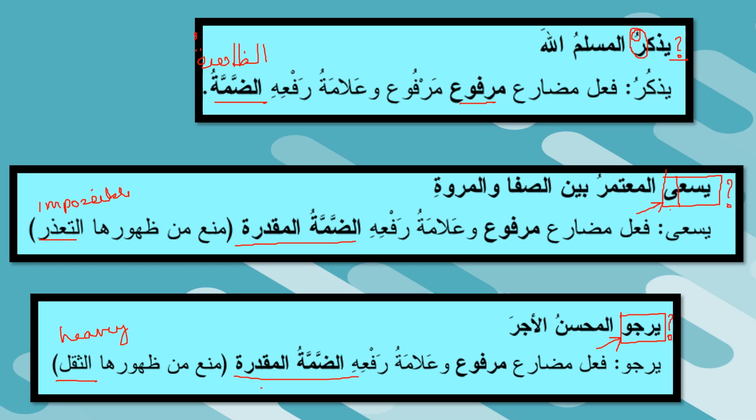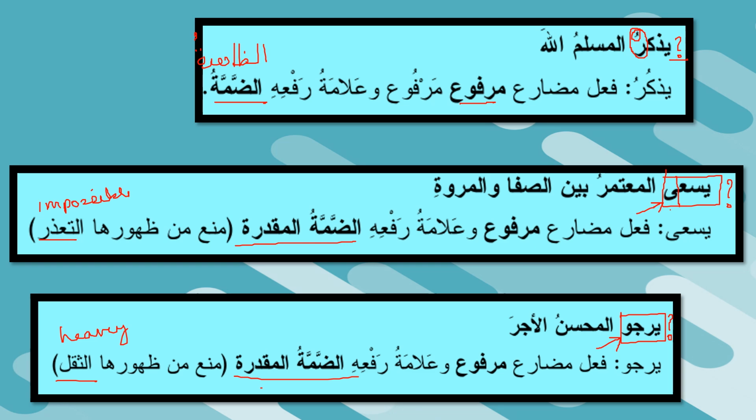So that is also one point to recognize that this fail mudare is definitely in the marfu case, because the moment the tool comes before the fail mudare, it changes its case or position. So the absence of tool is the first recognition point that this fail mudare is in marfu case.